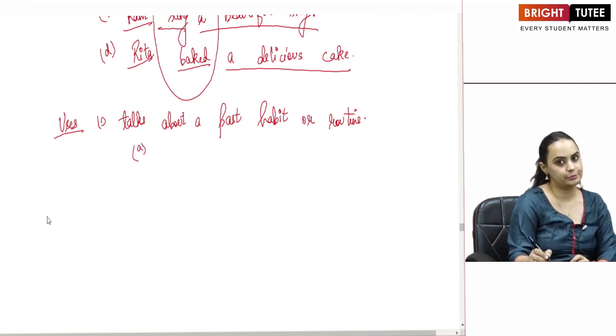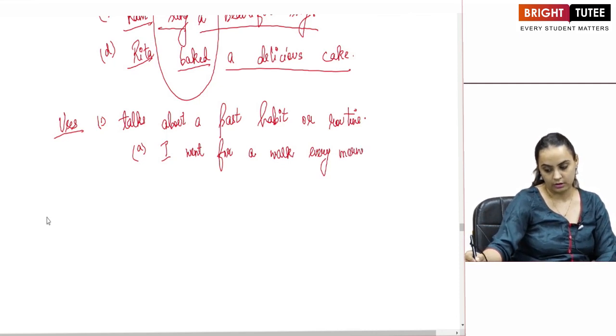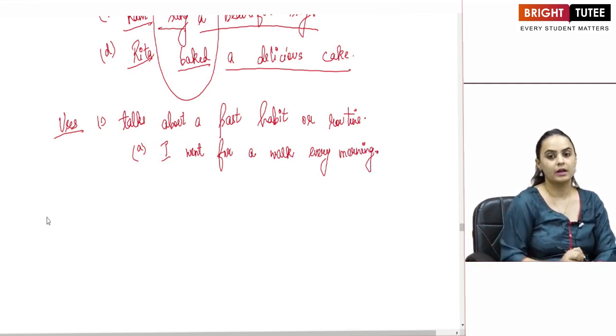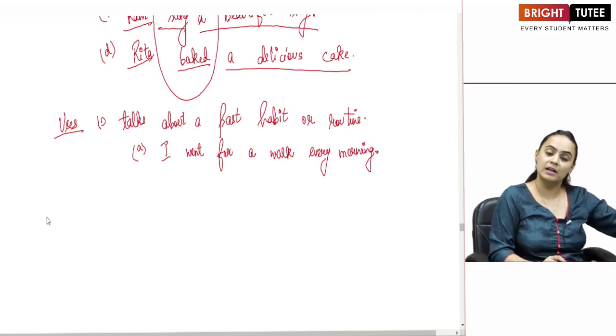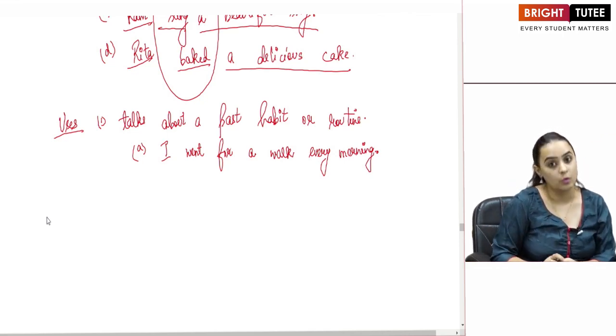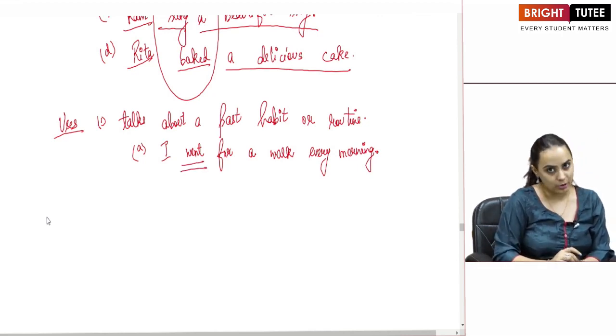For example, if I say, I went for a walk every evening. So this is something that took place in the past. In the past, I used to go for a walk.